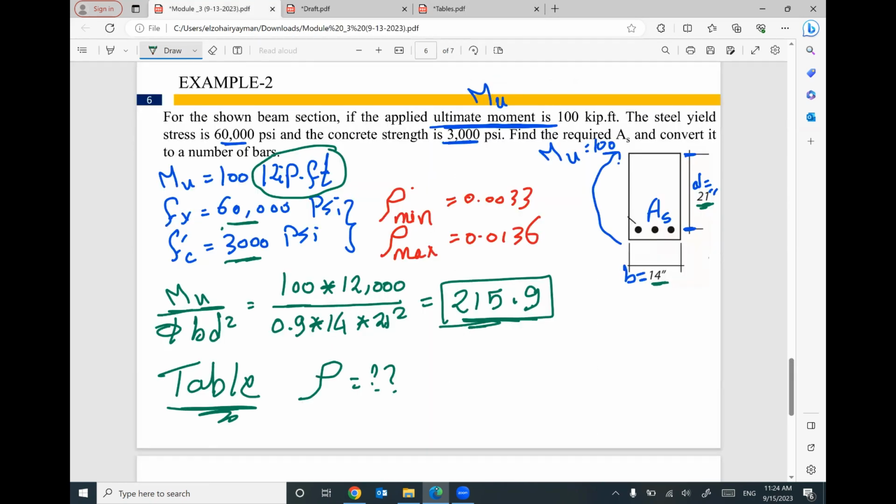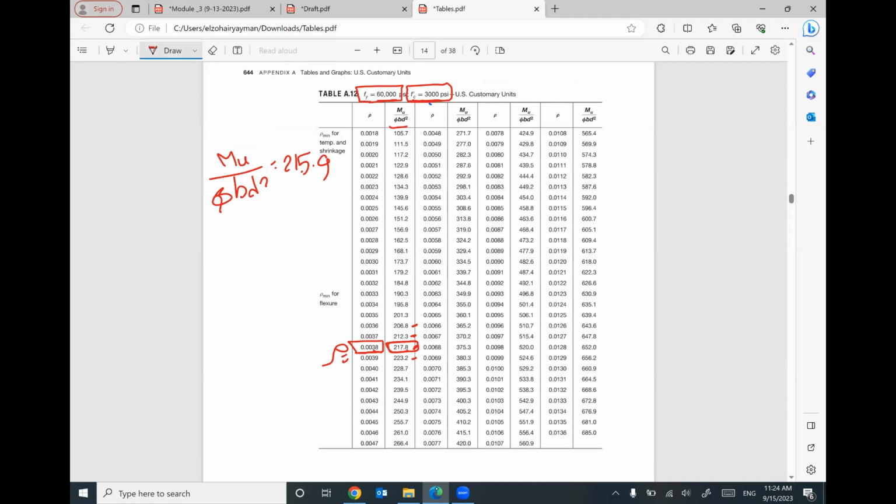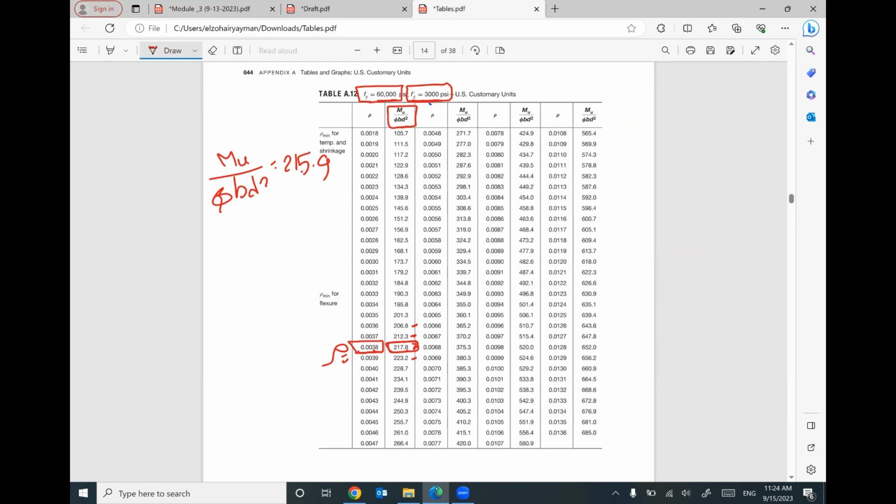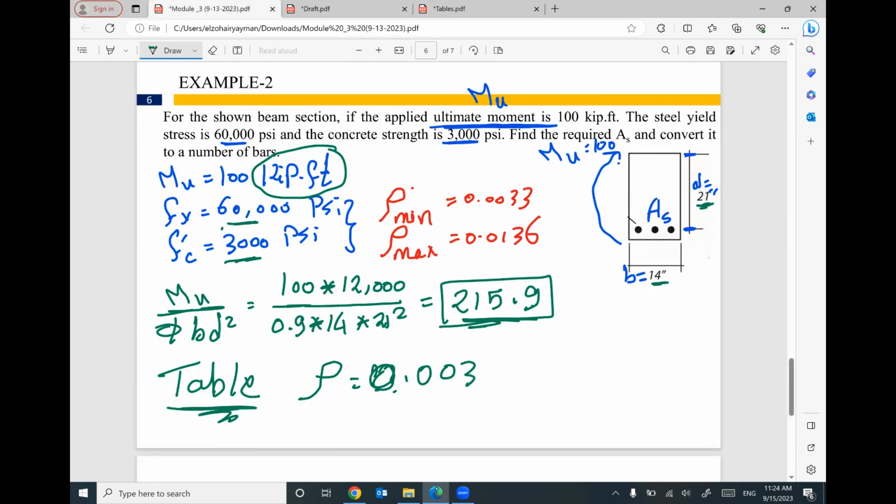Next step, based on the value of M ultimate divided by phi BD square, I put my hand on the nearest value, the nearest upper value. Then I can figure out the corresponding value of rho. Rho equal 0.0038. Is it one zero or two zeros? One more zero, 38.